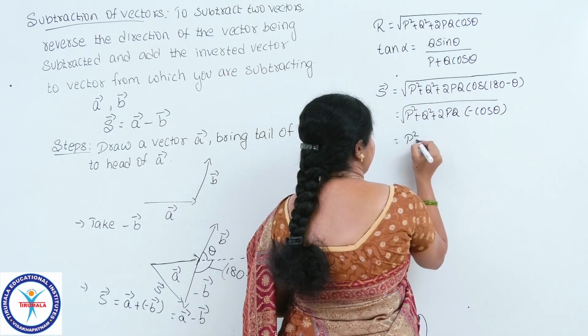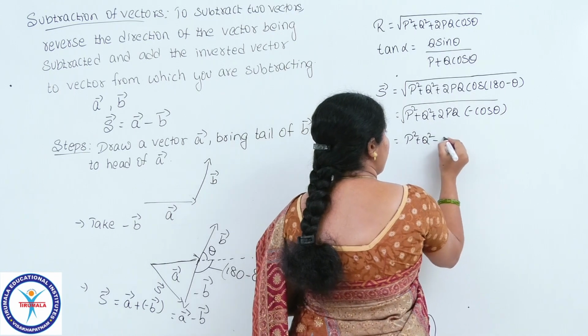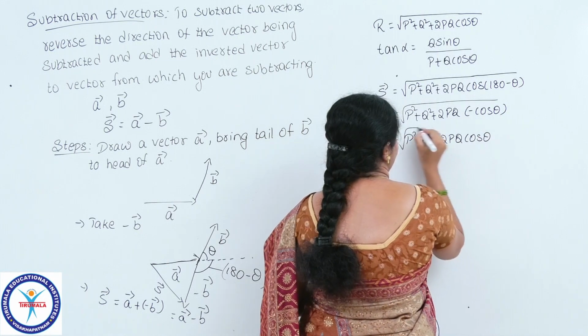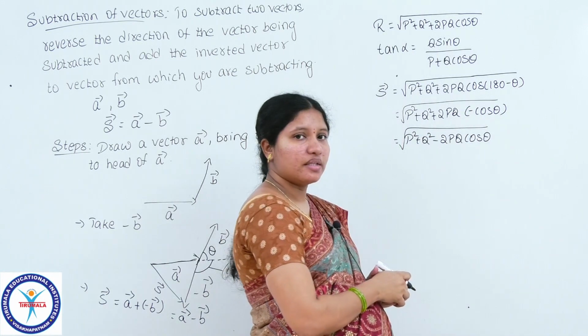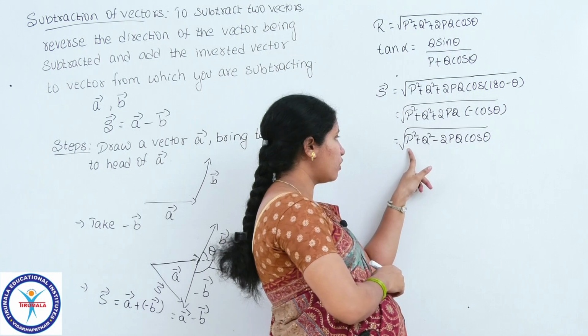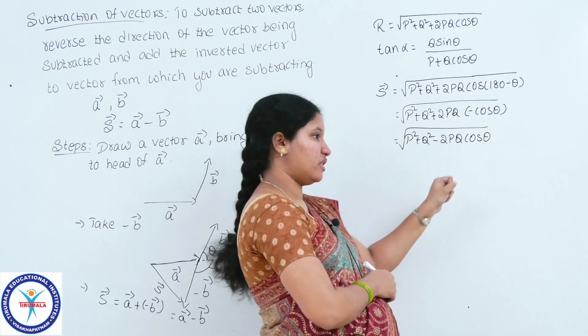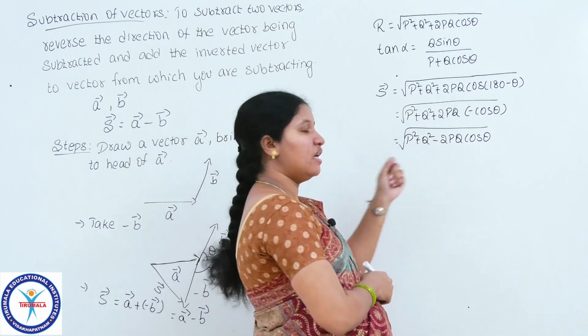So, we get P square plus Q square minus 2PQ cos theta. We can write the resultant as square root of P square plus Q square minus 2PQ cos theta. This is the magnitude of the resultant.